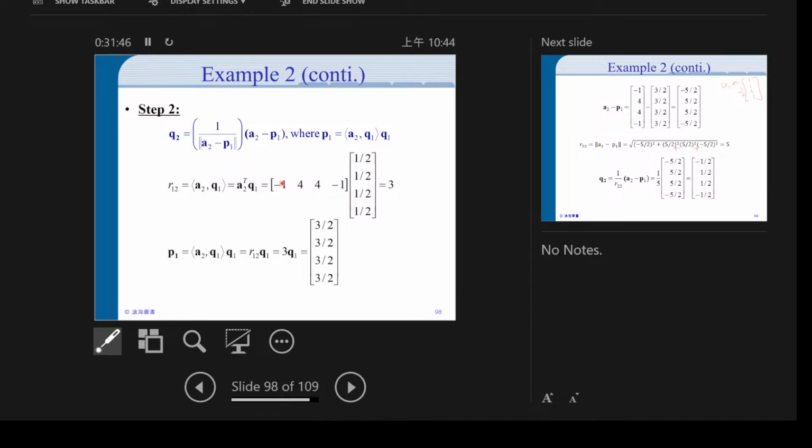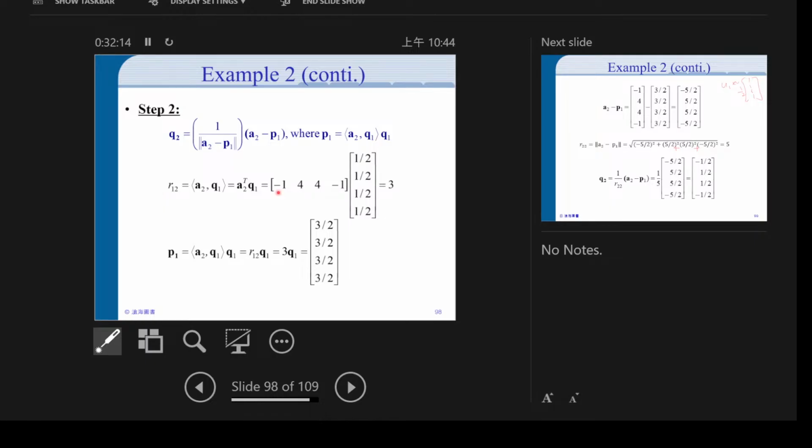A2 is the vector (-1, 4, 4, -1), and Q1 is the vector (1/2, 1/2, 1/2, 1/2). We add the products together and divide by 2. You have a 3 here and a 3 here, adding together and divided by 2 is 3. So the coefficient is 3, and it multiplies Q1. So it's 3 times Q1, which is 3/2, 3/2, etc.